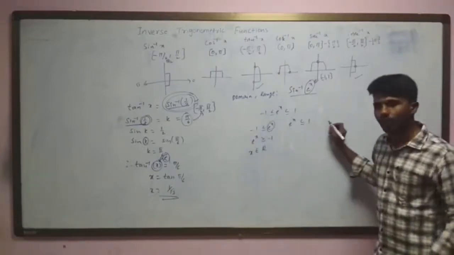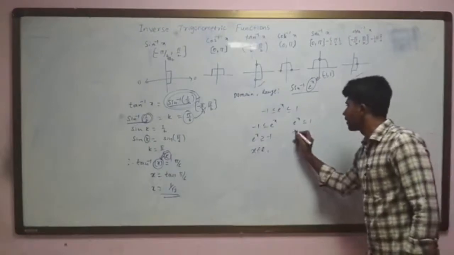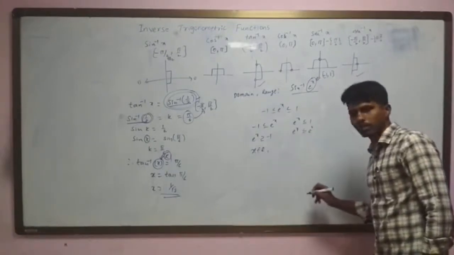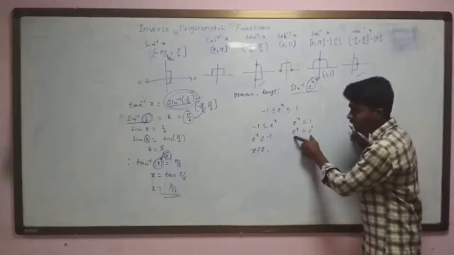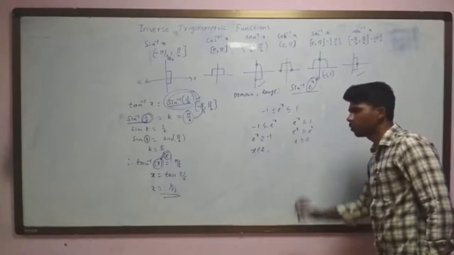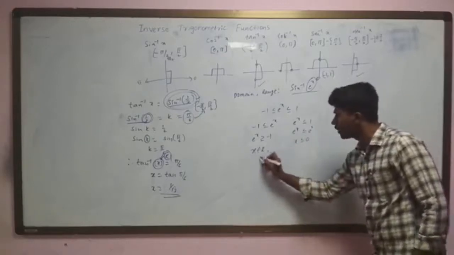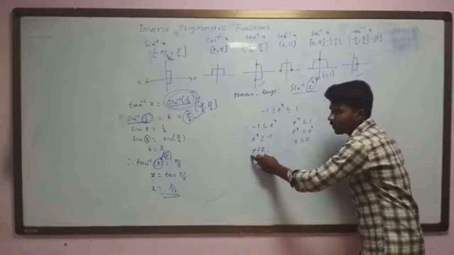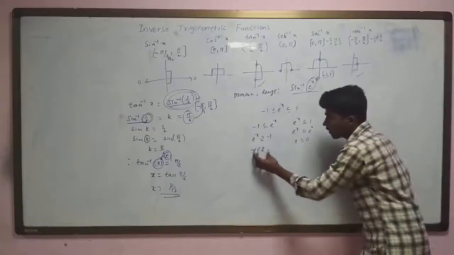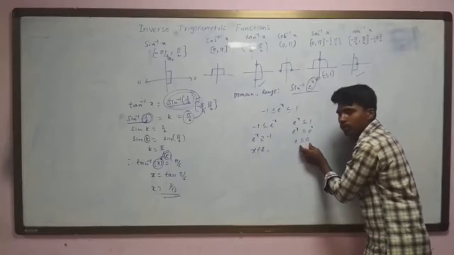Now for what values of x is e power x less than or equal to 1? Then e power x is less than or equal to e power 0. Since the bases are equal, we can compare the powers. So we get x less than or equal to 0. Now we have two parts: x belongs to R and x less than or equal to 0.